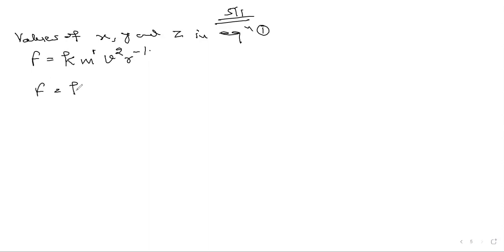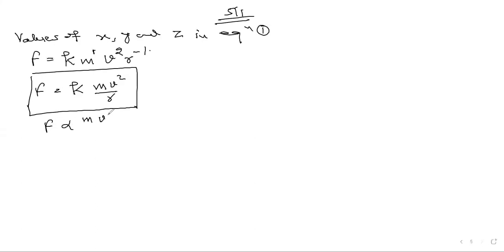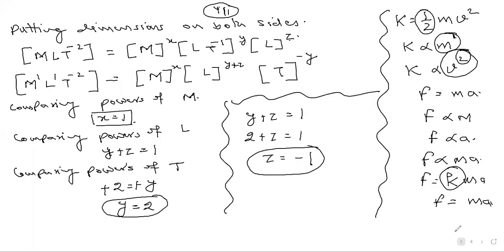So F equals K M V square upon R. Either you leave this result, or in place of K, put the sign of proportionality and leave the result like this. Am I clear? Yes, sir. Anyone having any doubt?